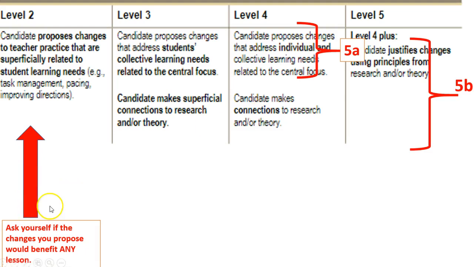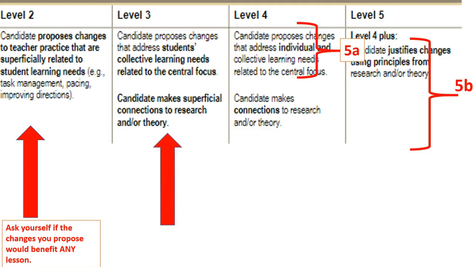So ask yourself if the changes you propose would benefit any lesson. Because if it would benefit any lesson, like pacing, I need to move up my pacing. I need to keep kids on task. Well, all those things are going to improve it. So you want to look for specific things.